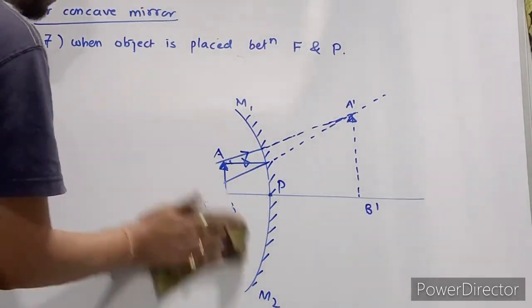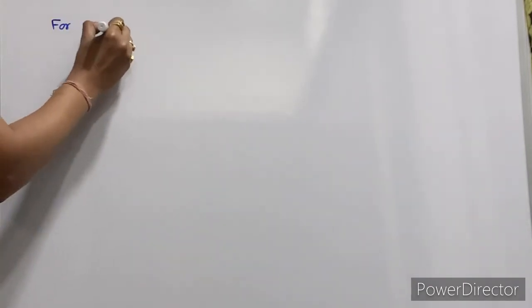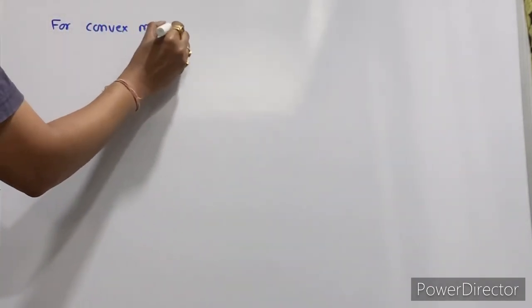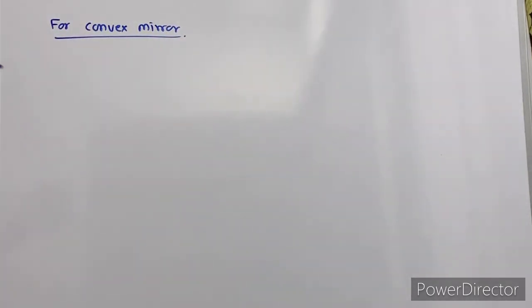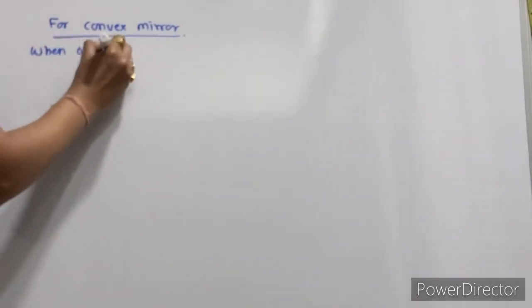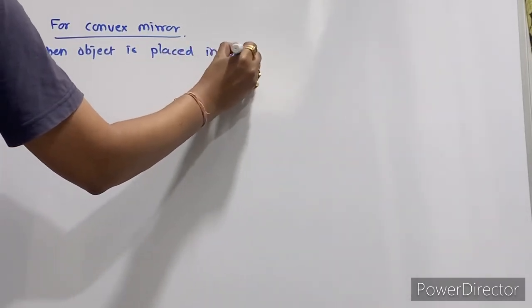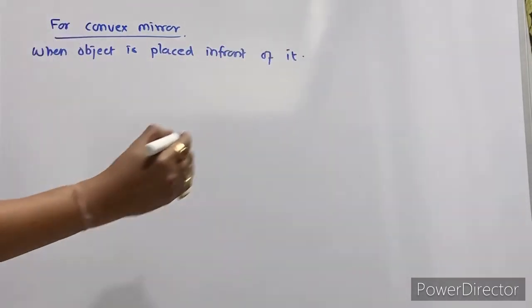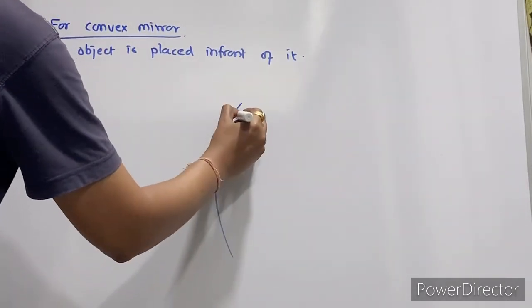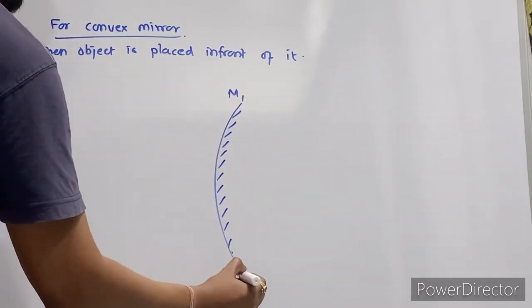Now we'll go with the last diagram of convex. Only one diagram, that is in case of convex mirror. So write here, for convex mirror, when the object is placed in front of it. So this is my concave mirror, sorry, not concave, it is convex mirror, M1, M2.